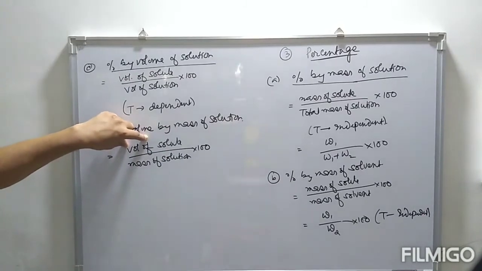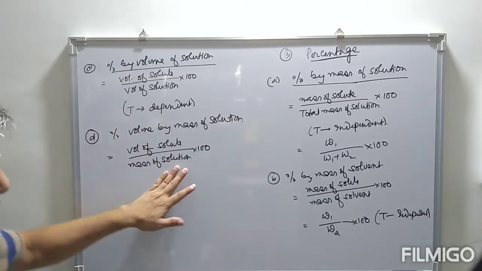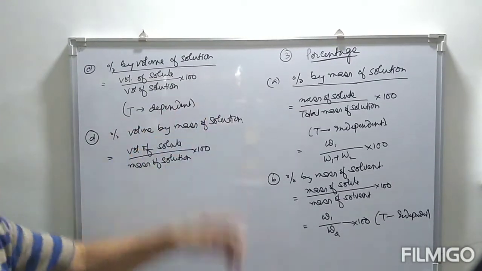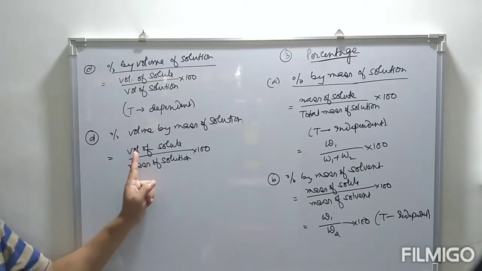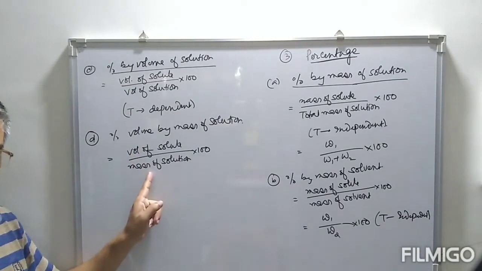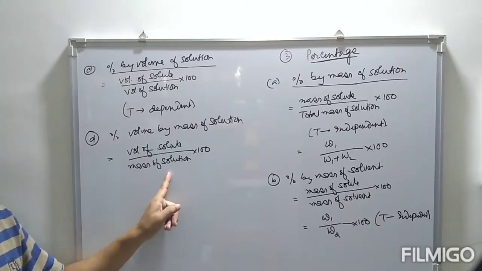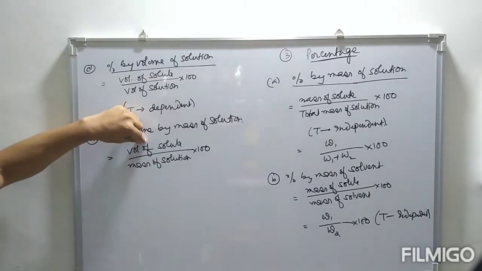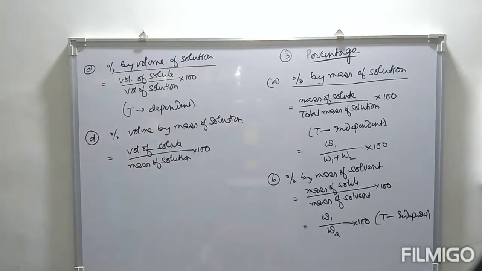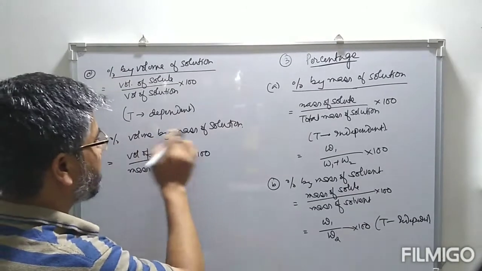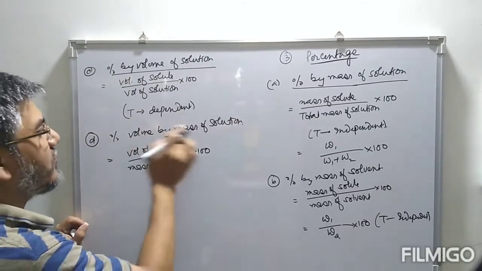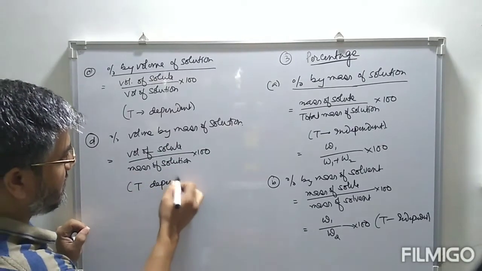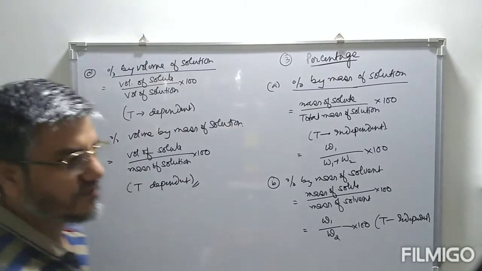The volume of solute divided by mass of solution into 100 defines a quantity known as percentage volume by mass. Now volume has a unit, mass has a different unit, so this one has some unit. Volume is temperature dependent, but mass is temperature independent. So this term, percentage mass by volume or volume by mass, is a temperature dependent quantity.